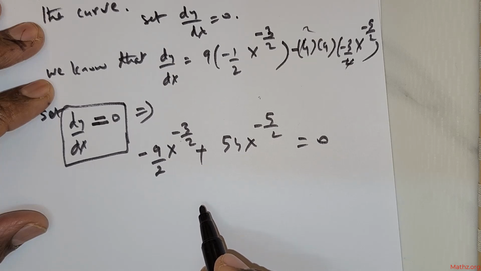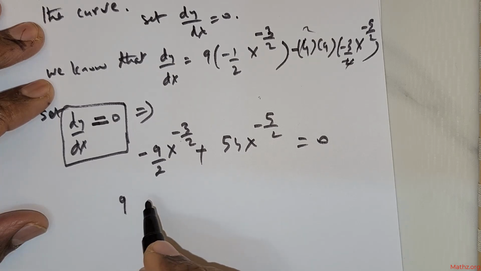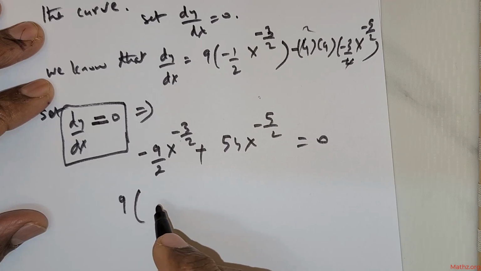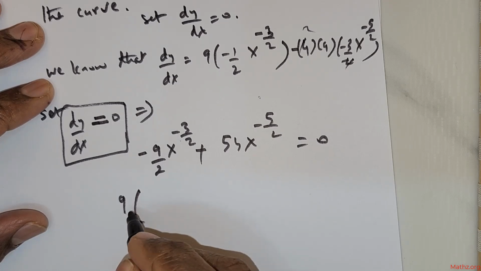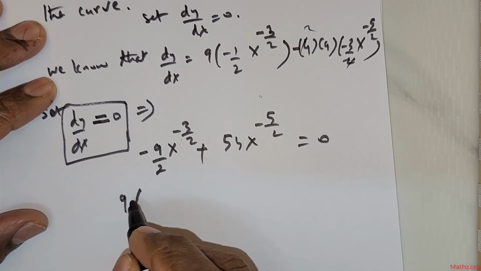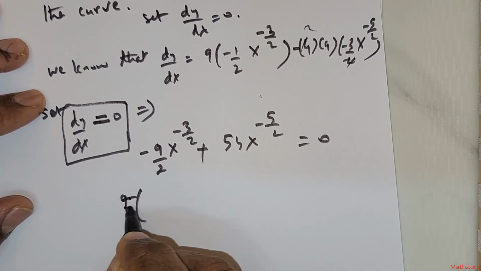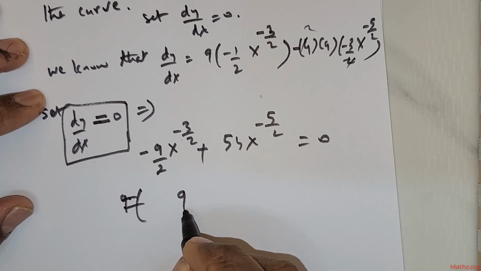Now what I wish to do is I will take 9 out, and is it possible for me to take an x out? So if I take an x out, let me write it like this.